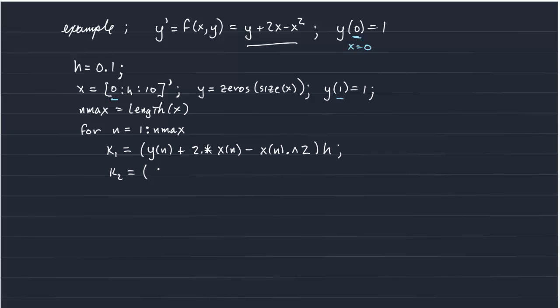So that is y sub n plus two star x n plus 1 minus x at the second point, n plus 1 squared, plus 1/2 k1.